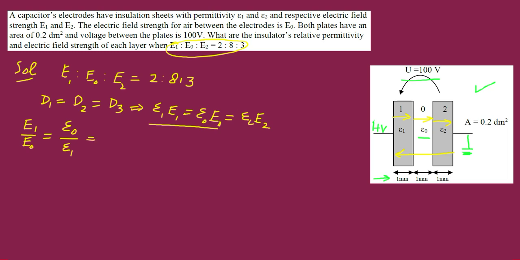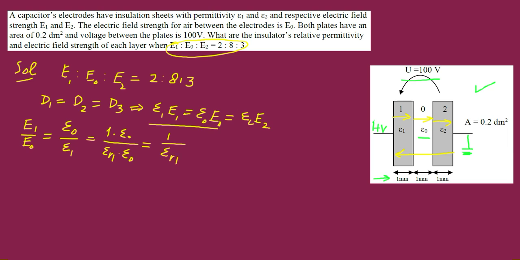The relative permittivity of air is 1, so we can write epsilon r for the air, which is 1, multiplied by epsilon naught, divided by epsilon r1 multiplied by epsilon naught. Epsilon naught cancels with epsilon naught, so we are left with 1 over epsilon r1.